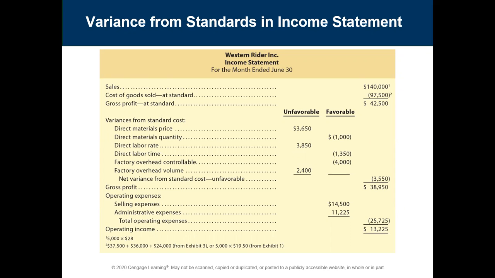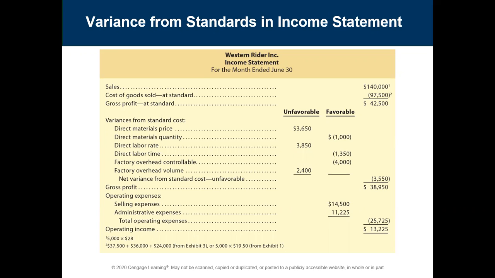So you'll see the direct materials had unfavorable direct materials quantity. So they're actually breaking it down into the price variance, the quantity variance, the direct labor rate, direct labor time variances, the controllable factory overhead and the factory overhead volume variances. And then you'll come out with a net variance, which is just the net of all these.